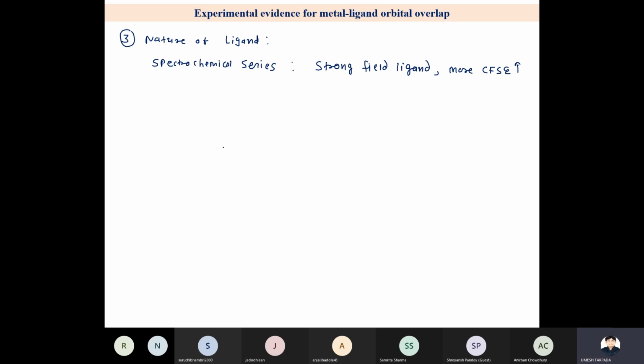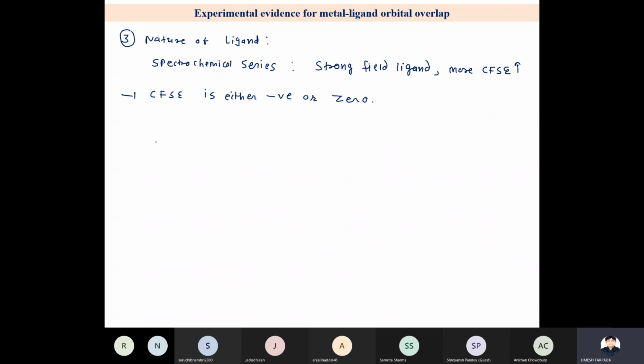Crystal field stabilization energy, see here its value is either negative or zero; it is never positive. Remember, हमने सारे calculations देखे थे.